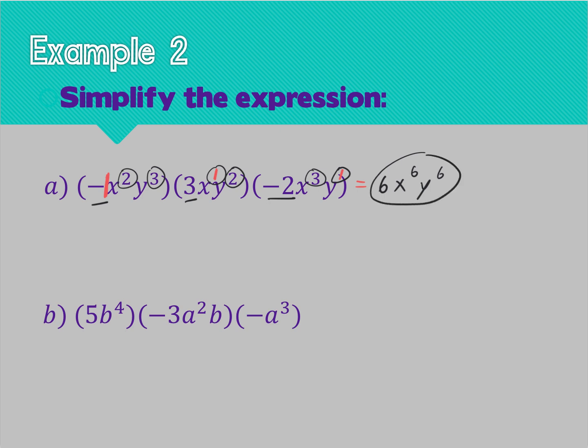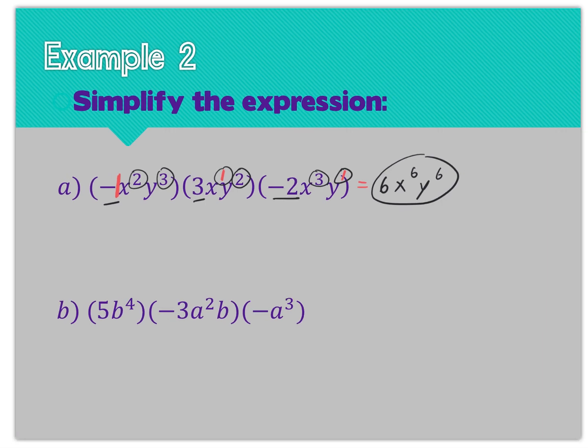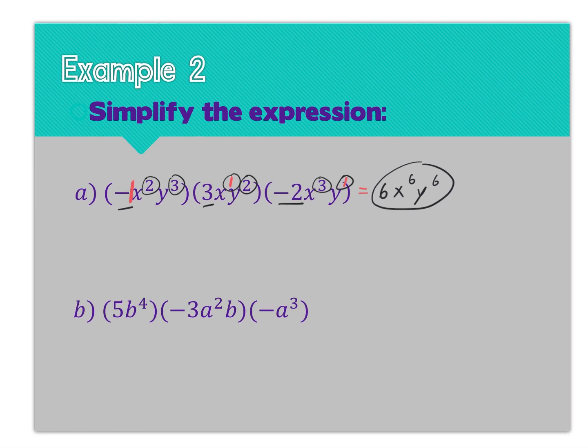So just take your time. You don't have to answer it all right away, looking at it and knowing all the numbers. Go item by item by item. So over here in B, I'm going to put a negative 1 in front of that a cubed. I'll put a 1 here with this b. And then I'm ready to start doing my math. So I've got 5 times negative 3 is negative 15 times negative 1 is positive 15.